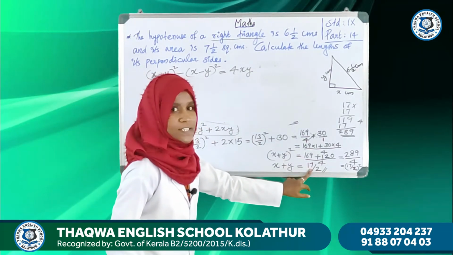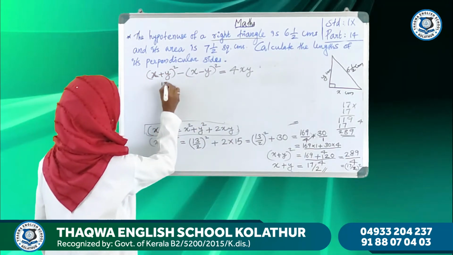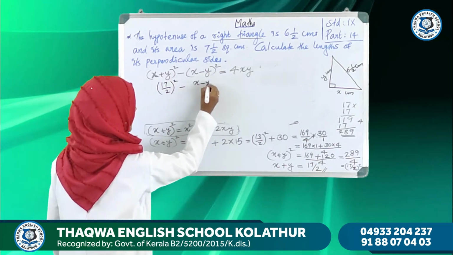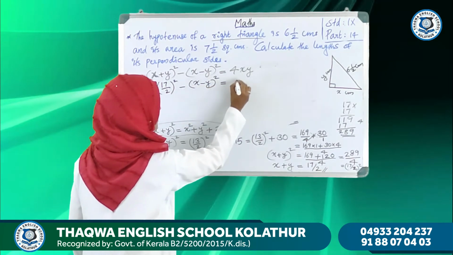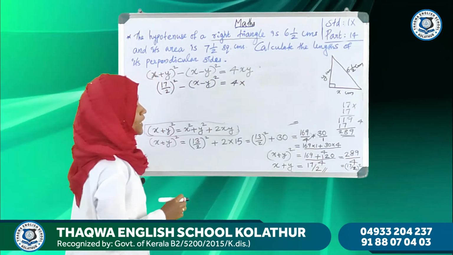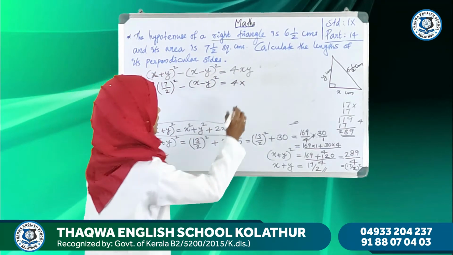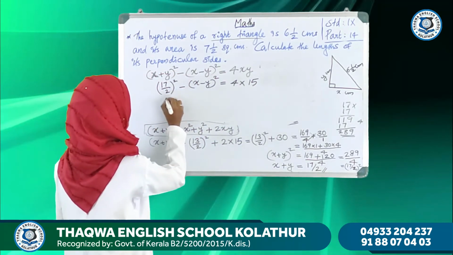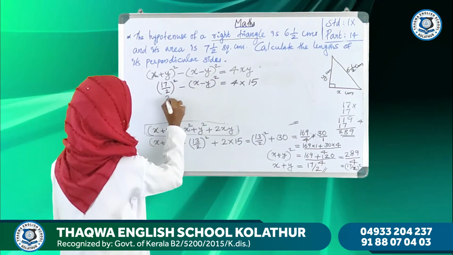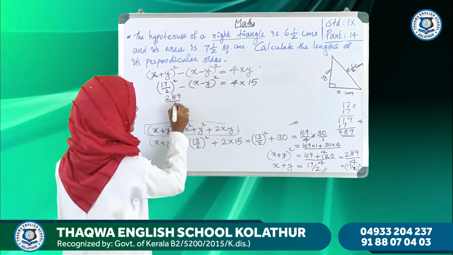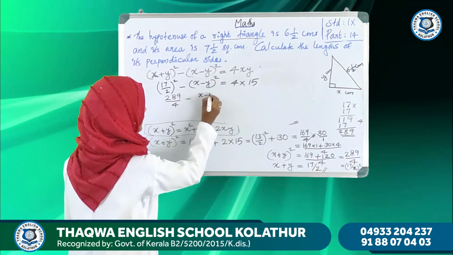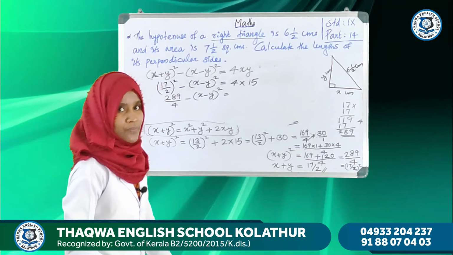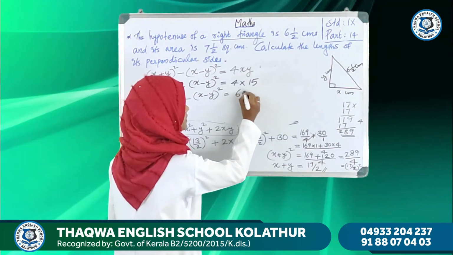X plus y is 17 by 2. 17 by 2 whole square minus x minus y whole square is 4 into, what is the value of xy? Xy is 15. Now, 17 by 2 whole square is 289 by 4 minus x minus y whole square is 4 into 15. This is 60.